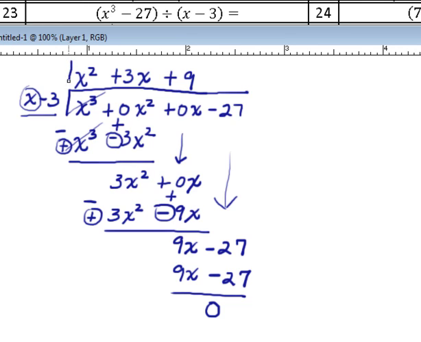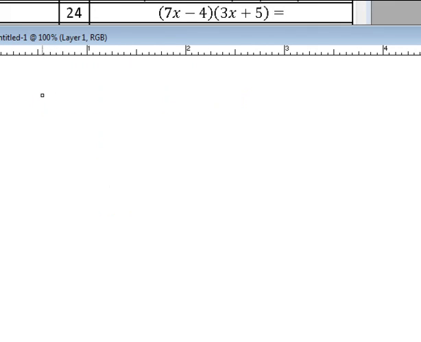Okay, so the answer is exactly x squared plus 3x plus 9 with no remainder. Number 24, we have a FOIL multiplication. So we'll start with the first times the first, 7x times 3x, that's 21x squared. And now the outer, 7x times 5, that's plus 35x.